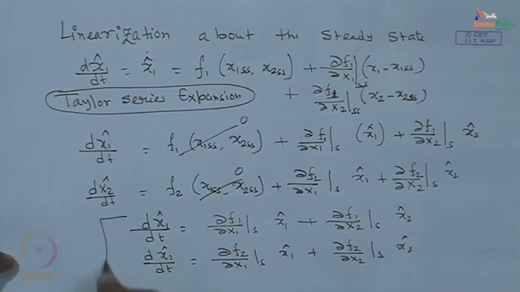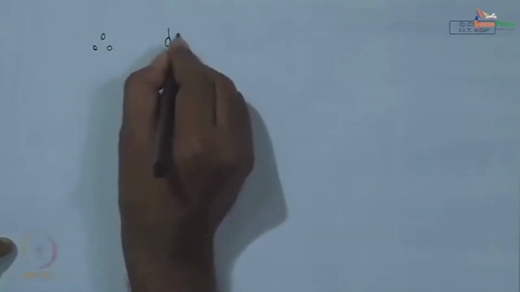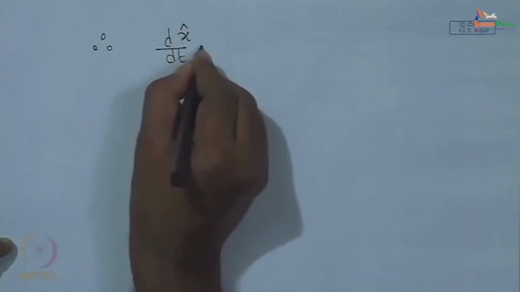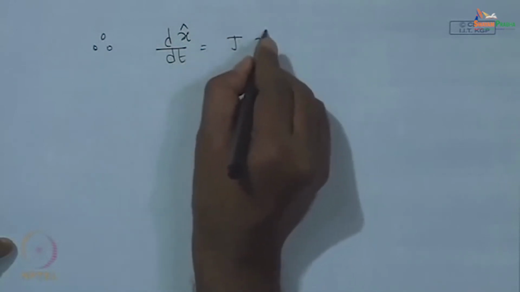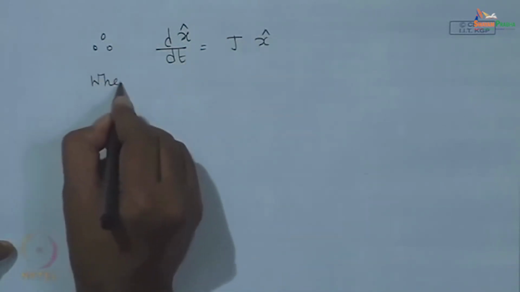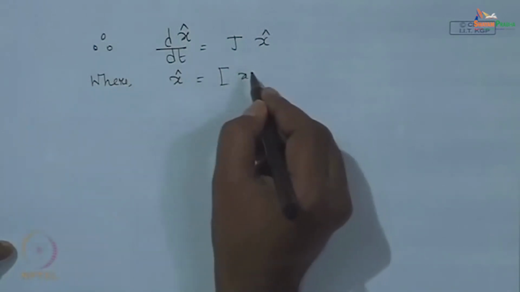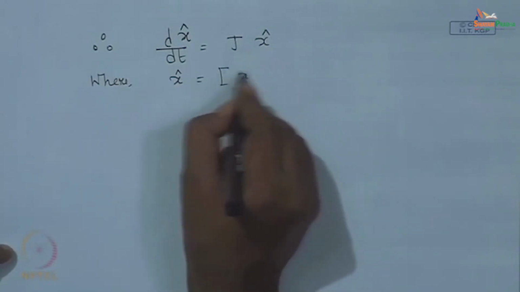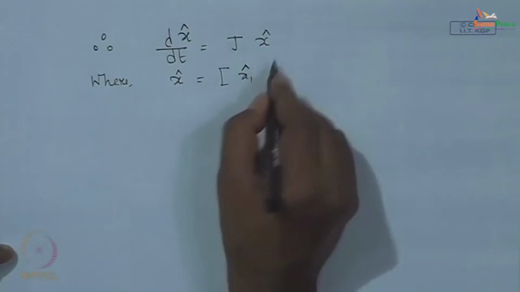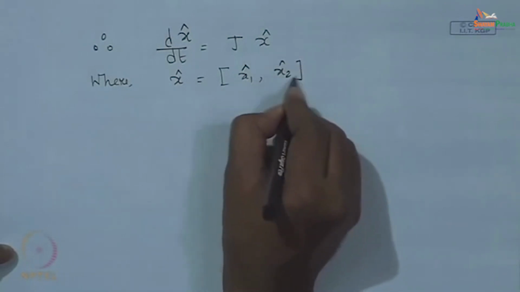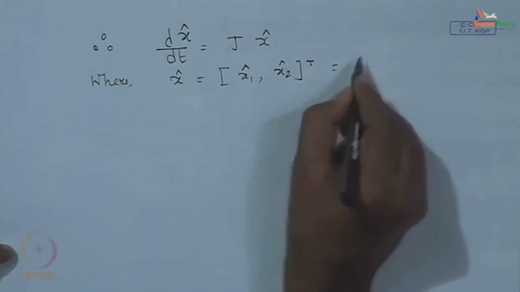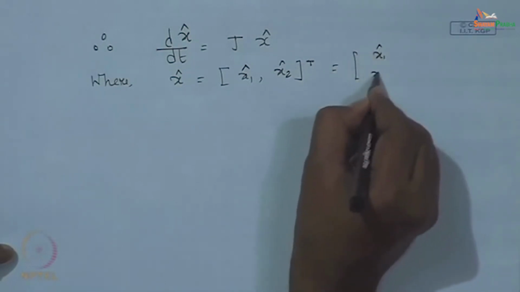So, these two equations in the deviation variables can be written in a compact matrix form as dx hat dt is equal to J times x hat, where x hat is nothing but a vector which will have two elements x1 hat and x2 hat, and transpose of that. So, it is nothing but a vector x1 hat and x2 hat.